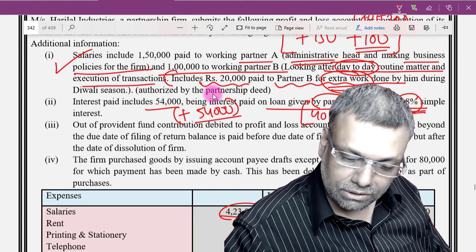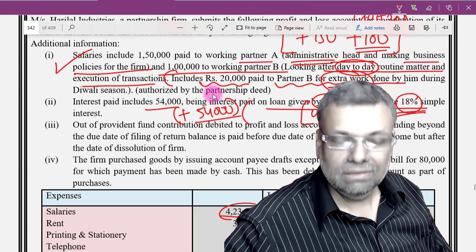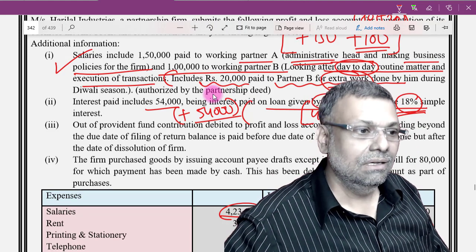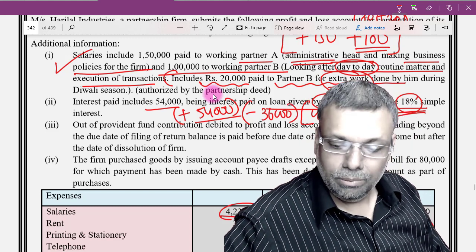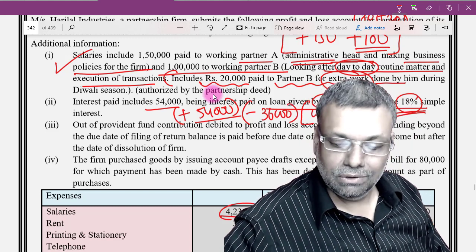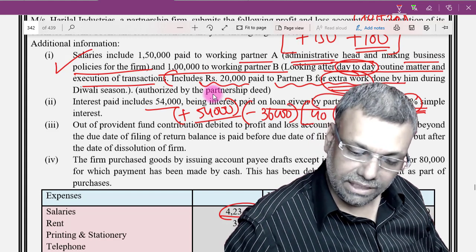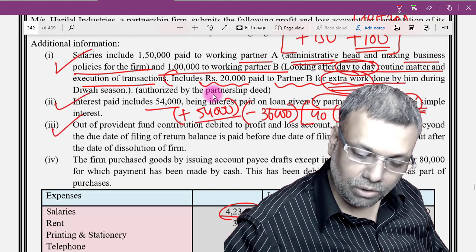So add 54,000. However when I'm just going to do the adjustment, 36,000 will be eligible. So it will be divided by 18 multiplied by 12. I'm just making a comment here for the sake of simplicity. So this point is done. Point number 3.